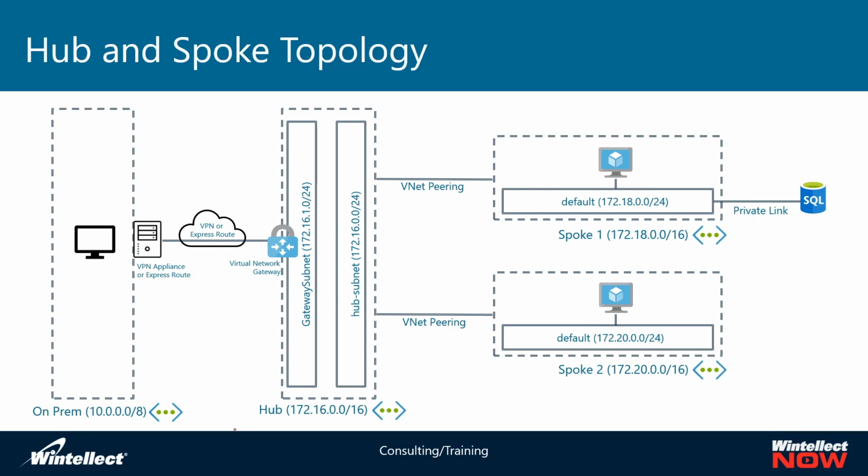There's something called Private Link, a feature that Microsoft has been working hard to make available to more and more platform as a service offerings on Azure, such as SQL Server, Event Hubs, Cosmos DB, basically any kind of database on Azure, be it Azure SQL or open source databases like Postgres or MySQL, or messaging platforms like Event Grid, Event Hub or Service Bus, or things like Azure Batch.